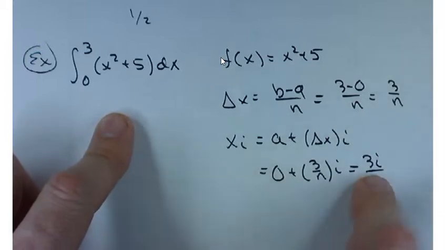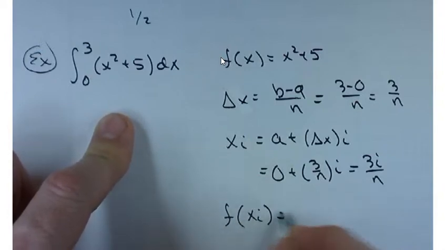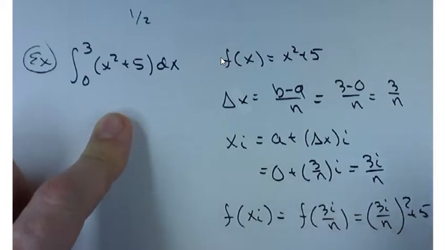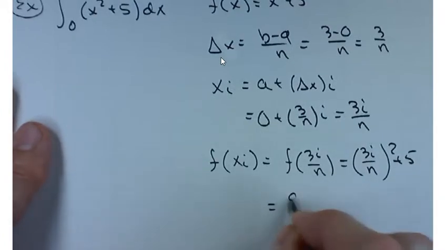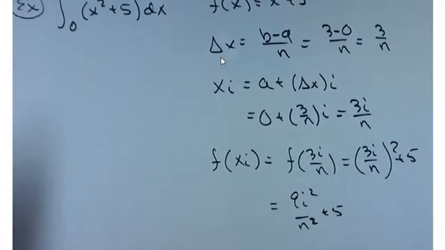I'll plug this into my function and get the height. So f of x sub i is going to be f of 3i over n, which is going to be 3i over n squared plus 5. What's that end up to be? Well, it's 9i squared over n squared plus 5. And that's the height of our rectangle.